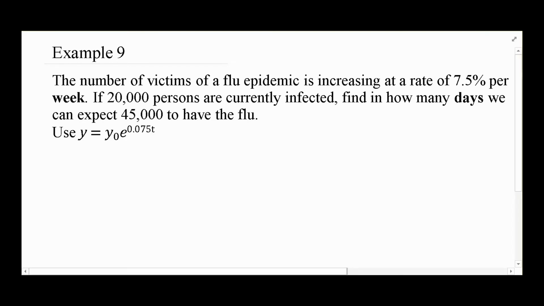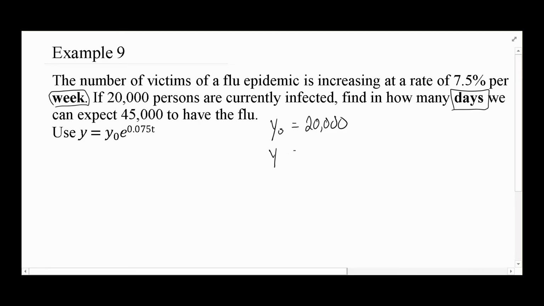Okay, so a couple important things here. First of all, the thing that I bolded here, you'll notice that our units aren't matching up, so we've got to be careful with units and how we calculate this. Now when you see y sub 0, that always means your initial amount, how many you started with. So in this case, our y sub 0 is our initial amount of 20,000.